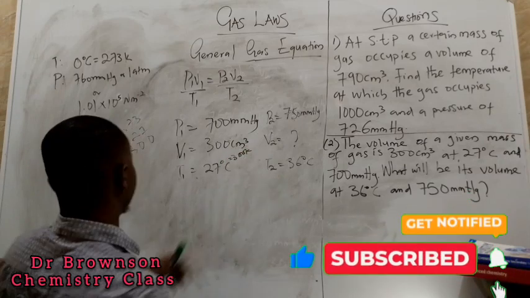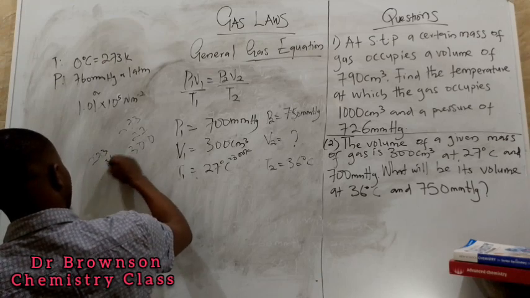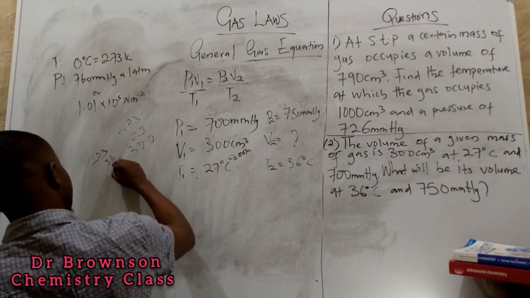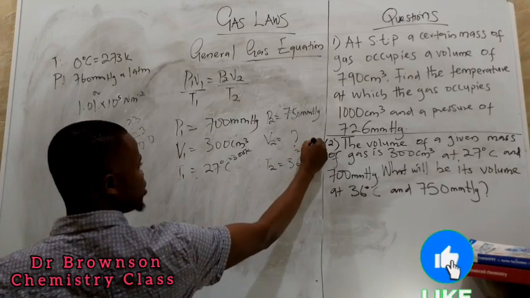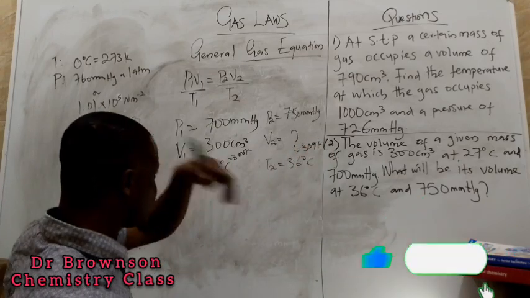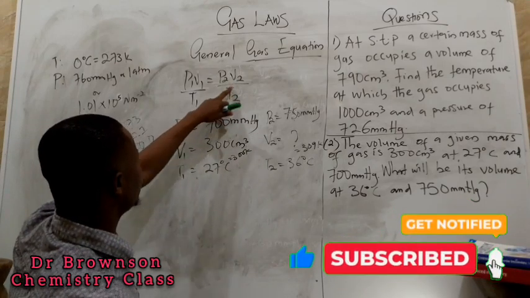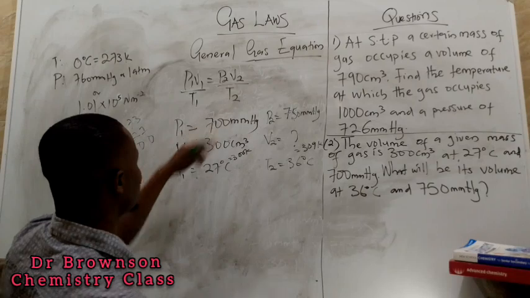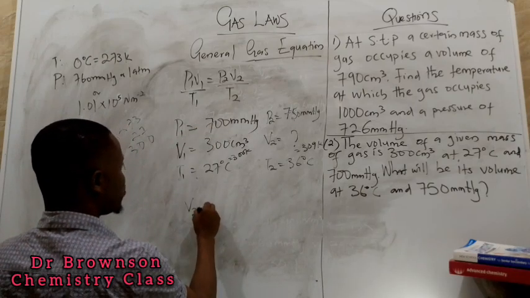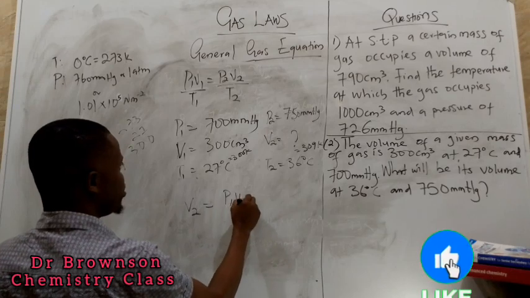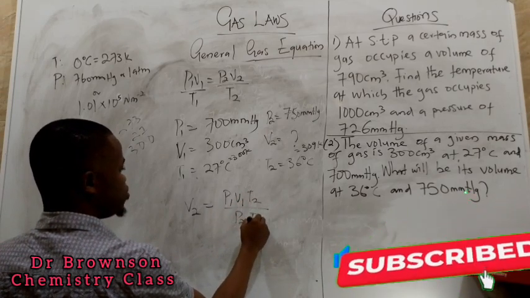For the 36, 273 plus 36 gives 309 Kelvin. The next thing is to make V2 the subject of the formula. Making that, V2, which is what we are looking for, equals P1 V1 T2 over P2 T1.